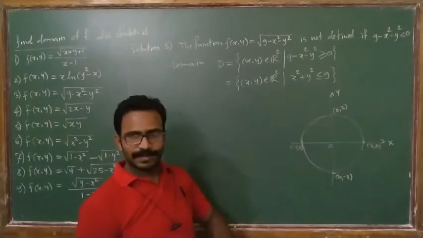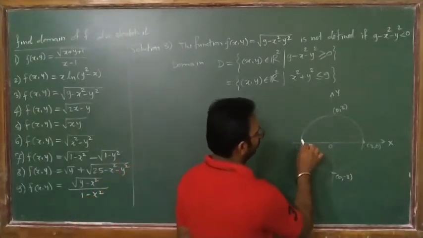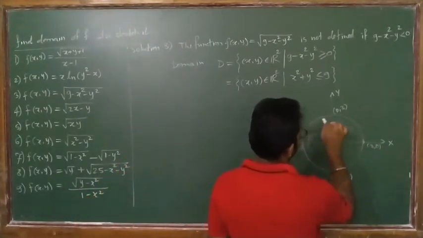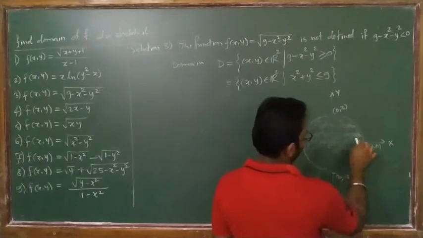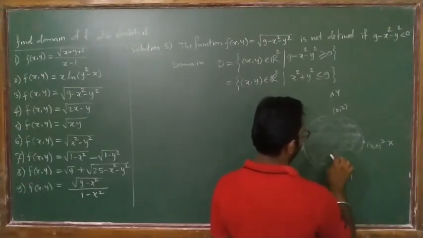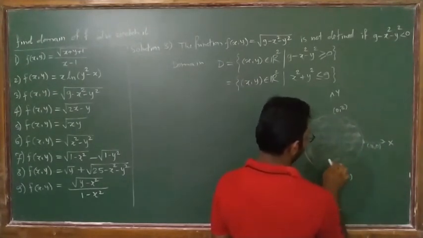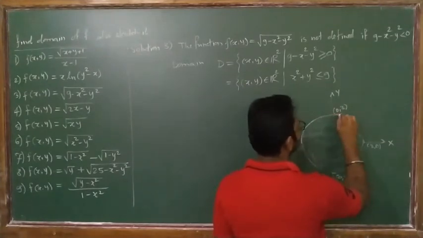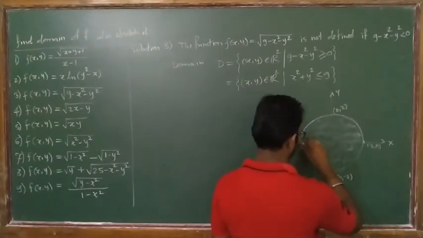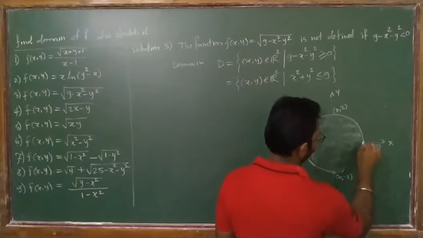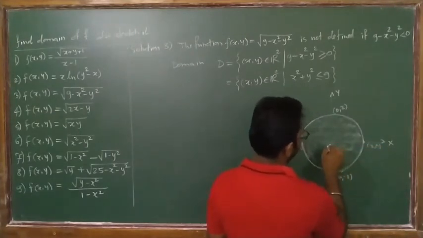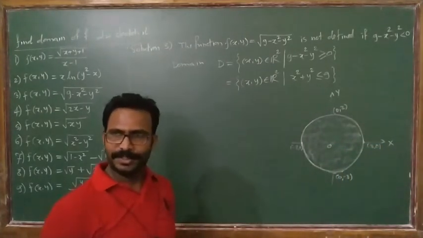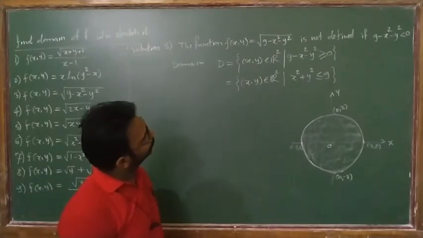X square plus y square should be less or equal to 9, so it should be a disk of radius 3, including the boundary. So this should be the domain for function f.